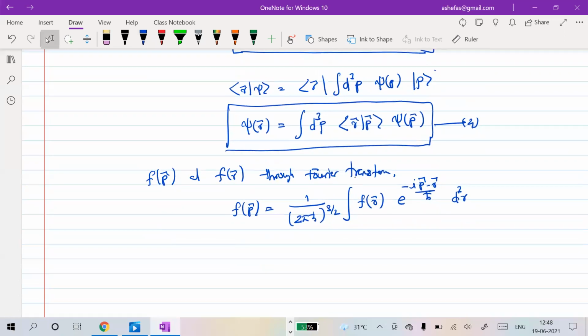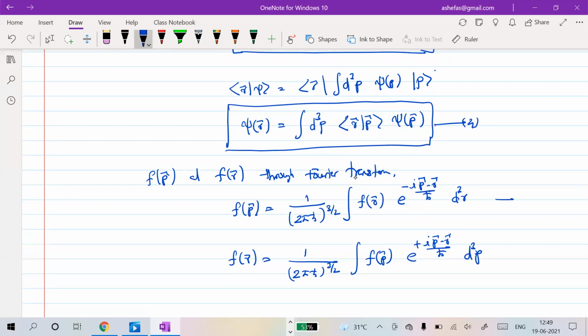And what would be its reverse? How can we write f of r? So f of r we can write as 1 by (2 pi h cross) raised to 3 by 2, integral f of p e raised to plus i p dot r by h cross d cube p. These are equation number 5 and equation number 6.